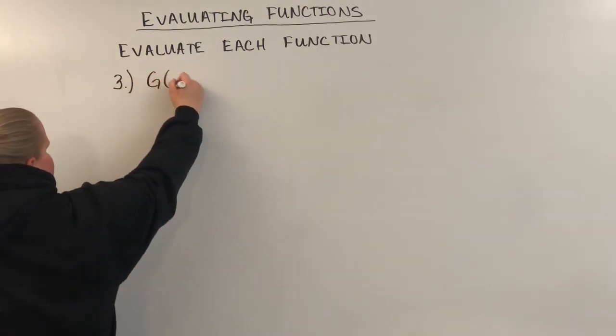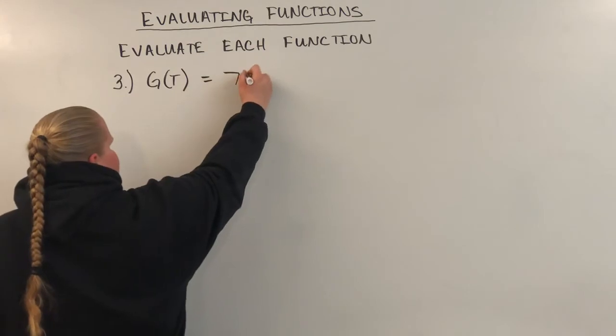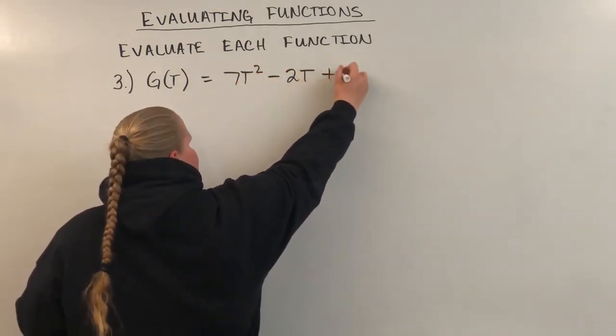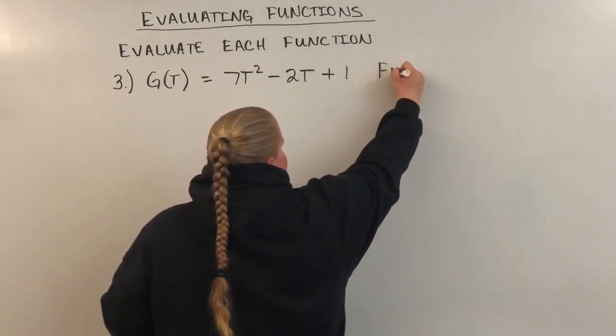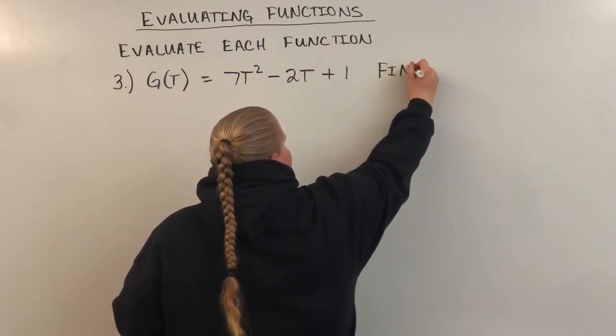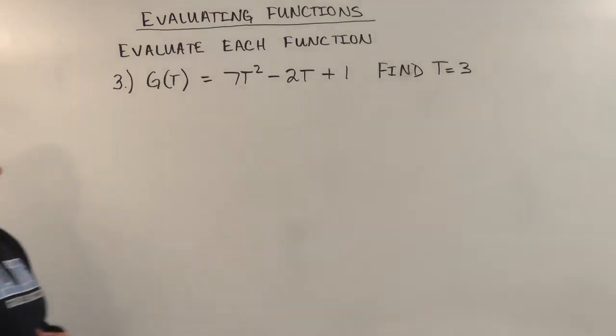I have g of t equals 7t squared minus 2t plus 1. And we're going to solve this function when t equals, spell it right first, when t equals 3. Okay?